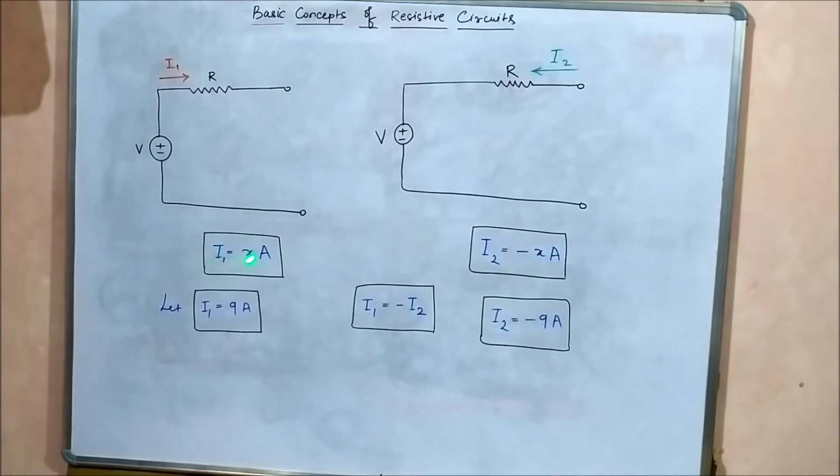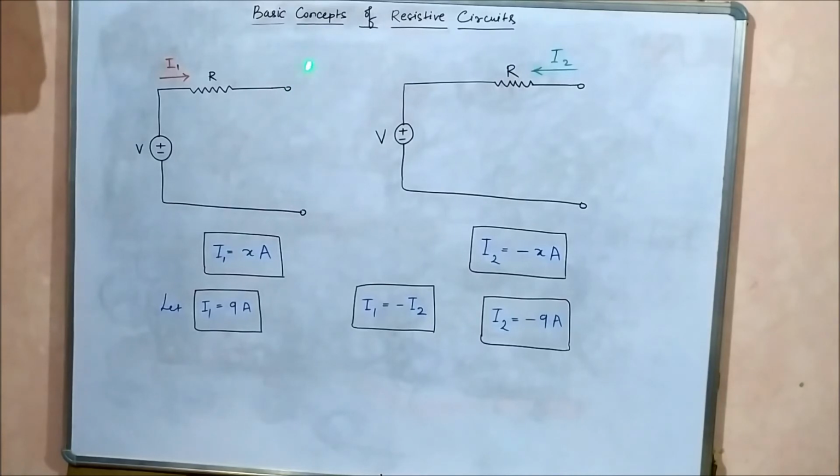Pay attention that the magnitude of the current stays the same because all the values in the circuit are the same. V is V, R is R, the resistor's value is not changing, the voltage value is not changing, the polarity of the voltage is not changing. Only we have taken the direction of the current in the opposite direction. Now, the value of the current will get a negative sign.